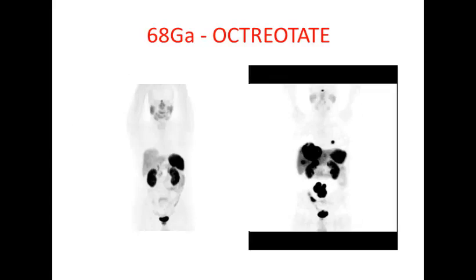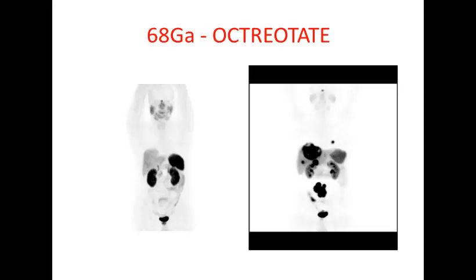And just one point here. See the difference between this one and this one. So when you review a PET case, you have to play with the window, especially in FDG with brain lesion, because otherwise you're going to miss these lesions if you don't reduce the contrast or intensity in the brain.